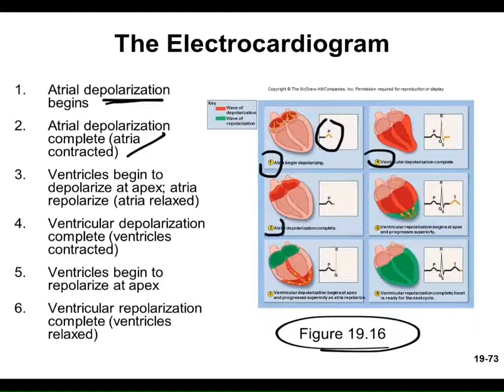They'll continue to contract through until the QRS is beginning. And at that point now, the ventricles will begin to depolarize. The atria will be relaxing. The ventricles will then continue their depolarizing, their contractile phase. They'll eventually begin to repolarize when the T wave is showing up and return back to a relaxed state. And now we're back to that baseline.